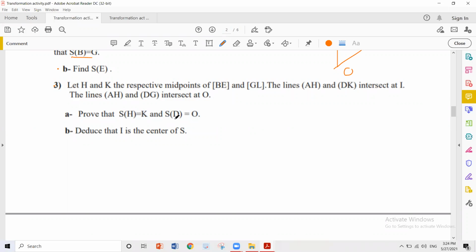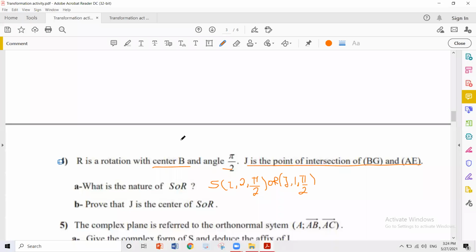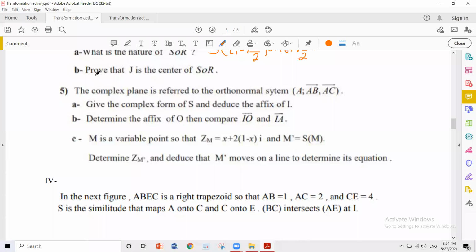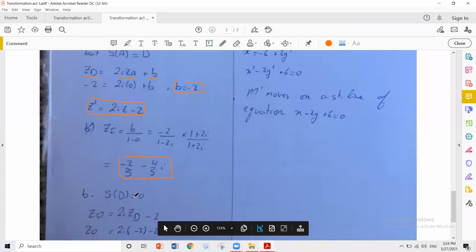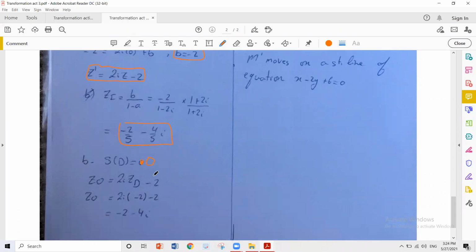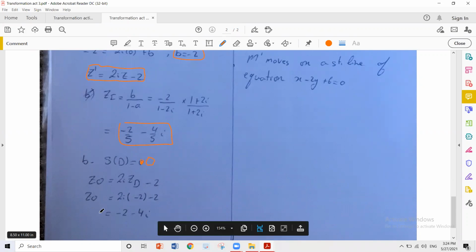S of D equals O. To find the affix of O, we need to find S of D. In zO equals 2i zD minus 2, zD is minus 2. We get zO equals minus 2 minus 4i.